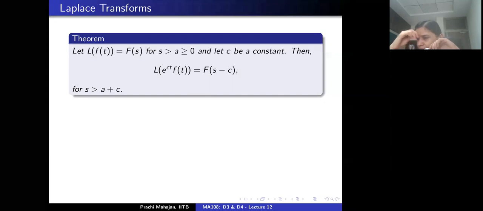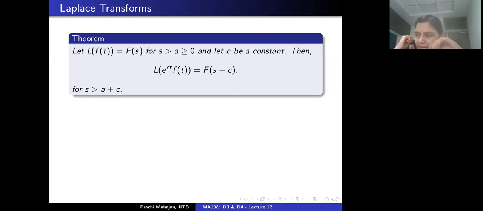Multiplication of the function f(t) by exponential ct results in a translation of the transform F(s) at a distance c in the positive s direction. Is that okay? Everybody with me, as far as at least the statement of this theorem is concerned?